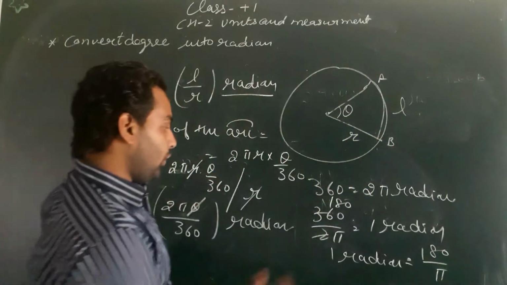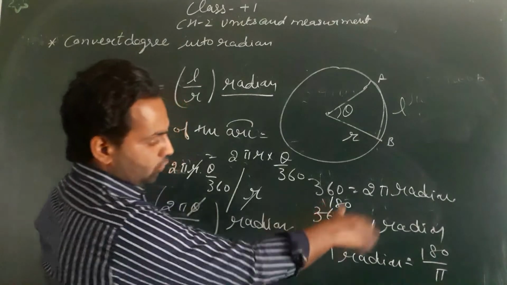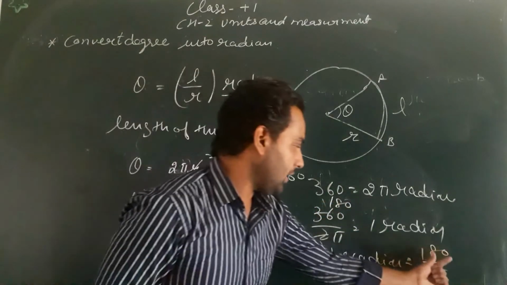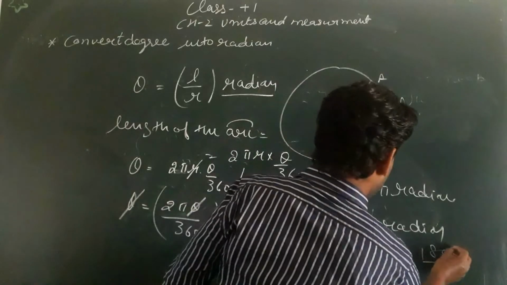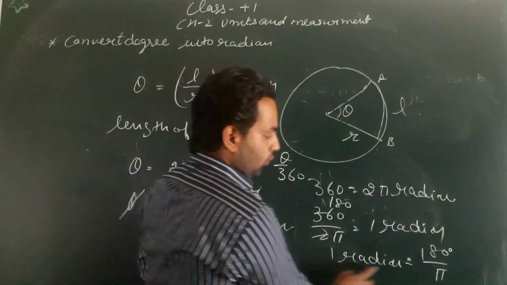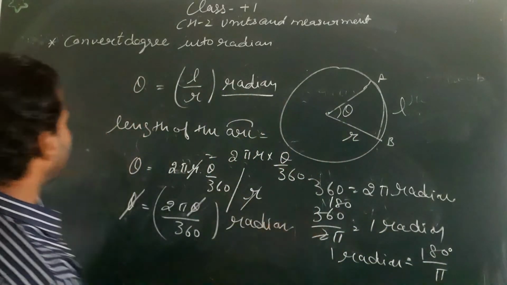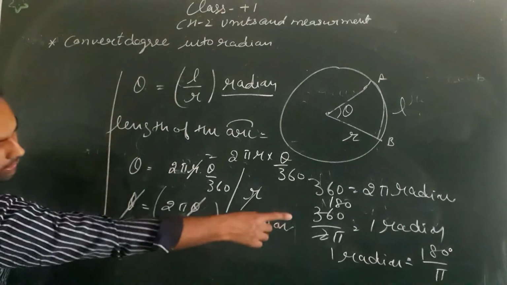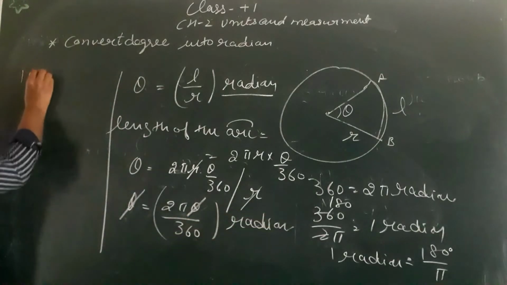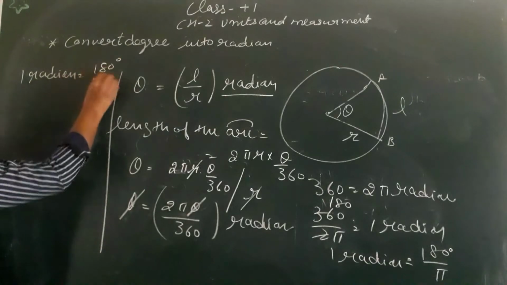Clear? So if we want to change that, what is 1 degree? 1 radian is equal to 180 degree divided by pi.